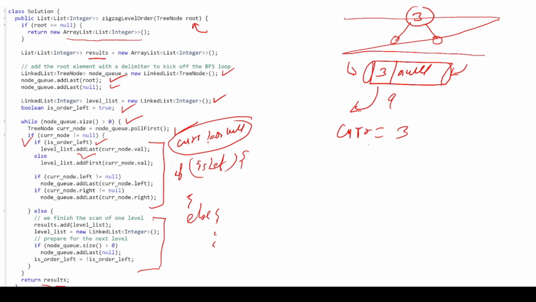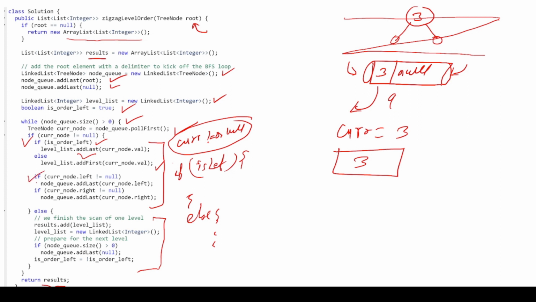This current is nothing but our 3 on the list. Initially our list doesn't have any data, so we will have the 3 element. Otherwise we will add to the first. That we will talk about in the next level. This condition did not come.